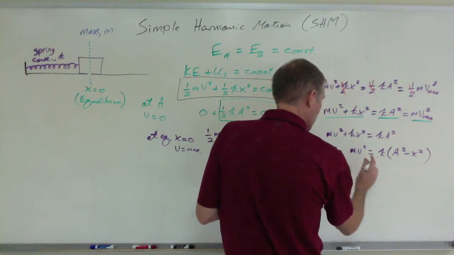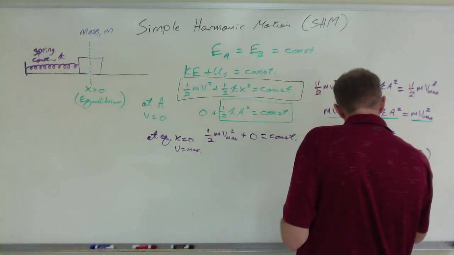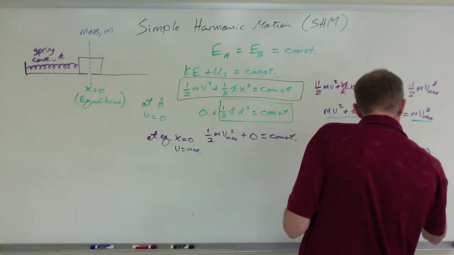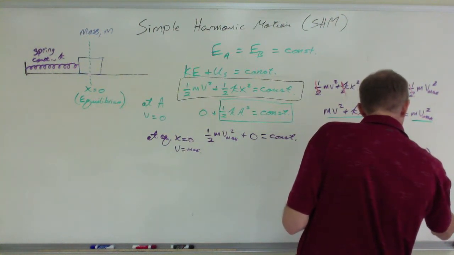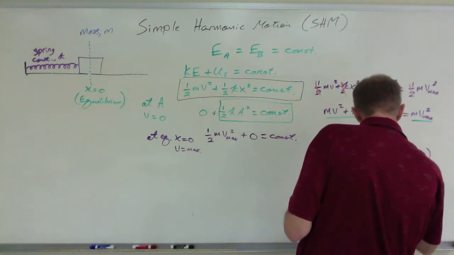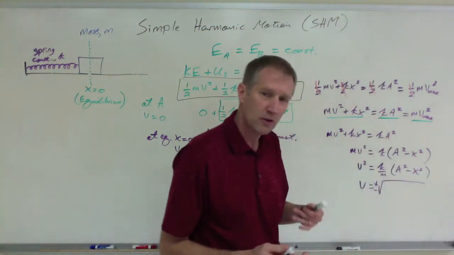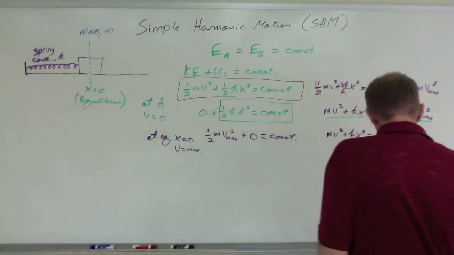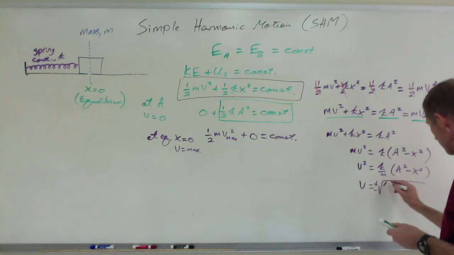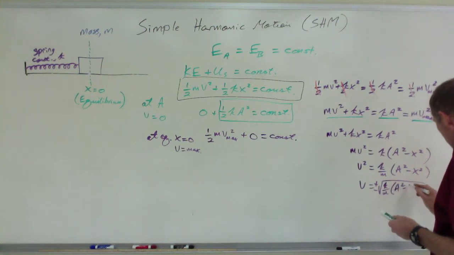I'm going to divide through by m, and so v squared equals k over m, A squared minus x squared. And so v equals the square root, and it's actually plus or minus because it could be to the left or to the right, of k over m times A squared minus x squared.